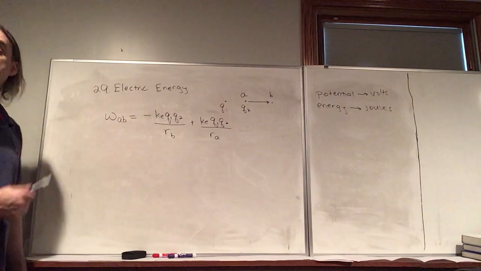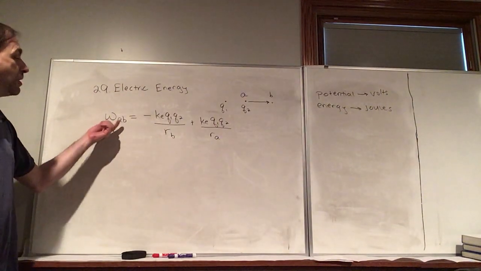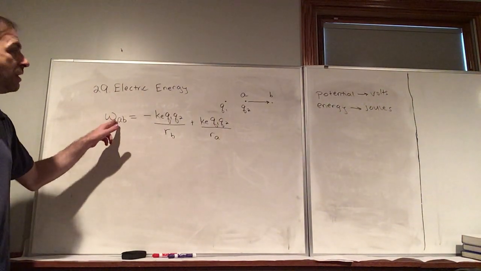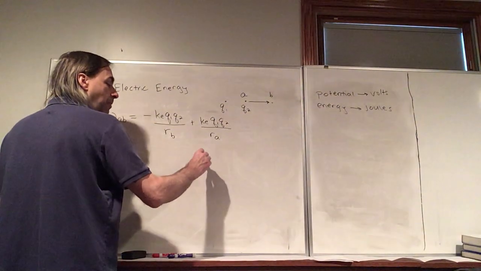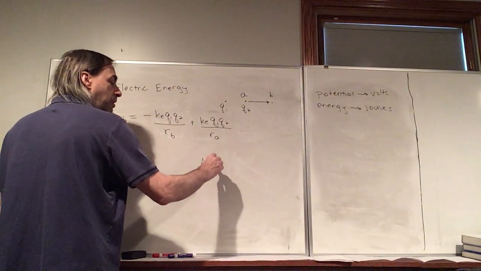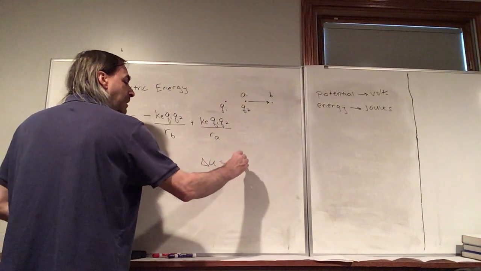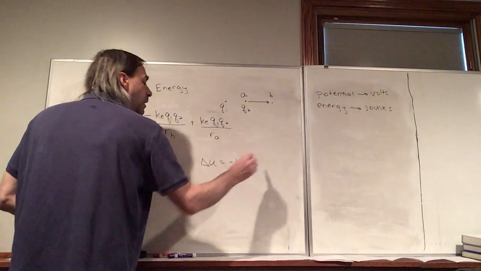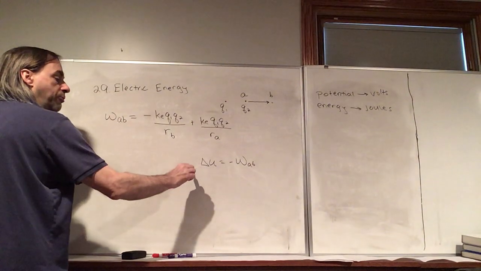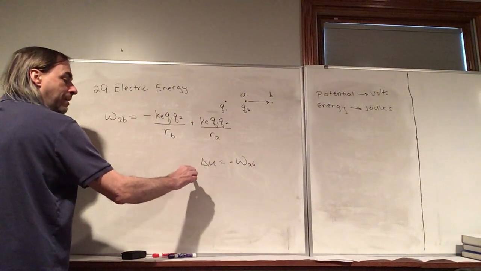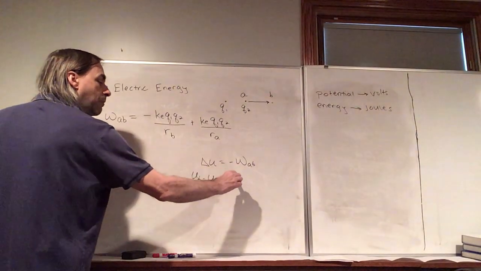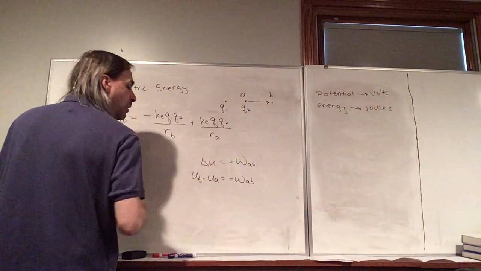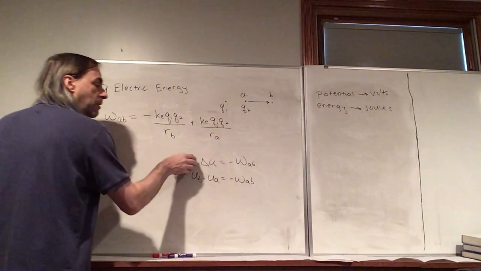But it turns out to be a convenient way to do it because this is the work going from A to B, and remember the change in potential energy is minus the work. That's why it's final minus initial, so we have UB minus UA equal to minus the work from A to B. So let's use that.